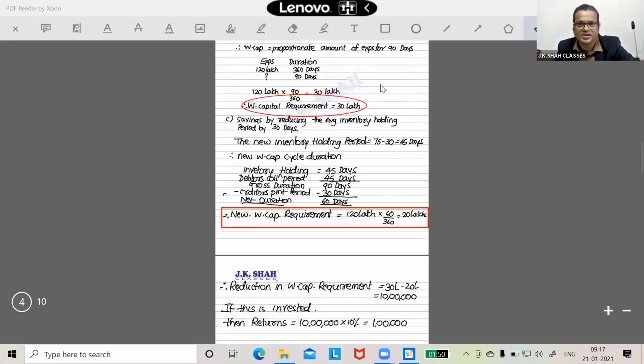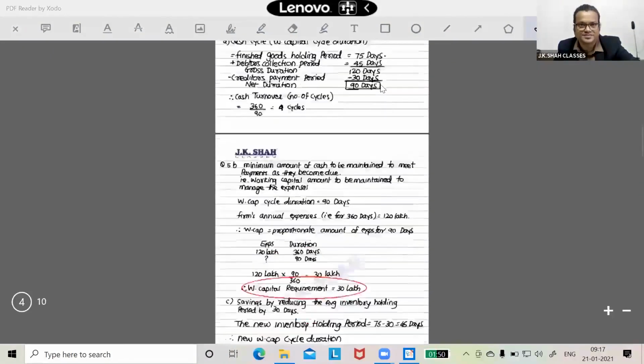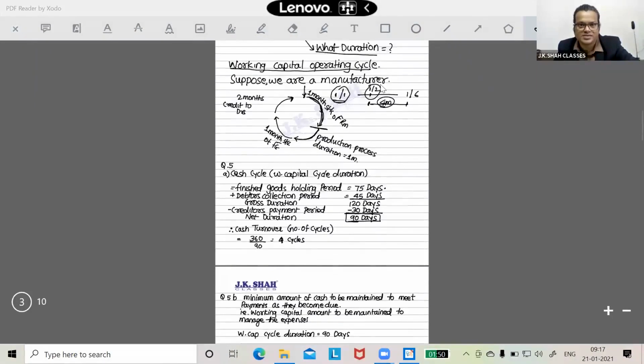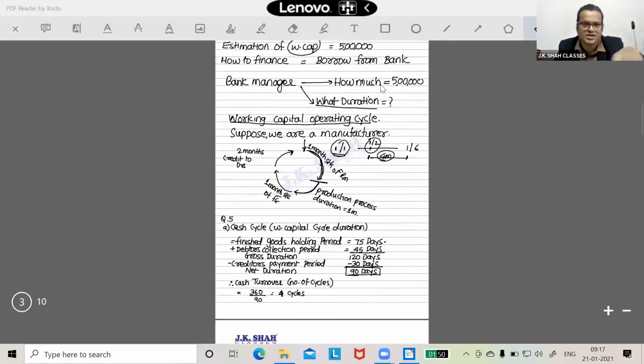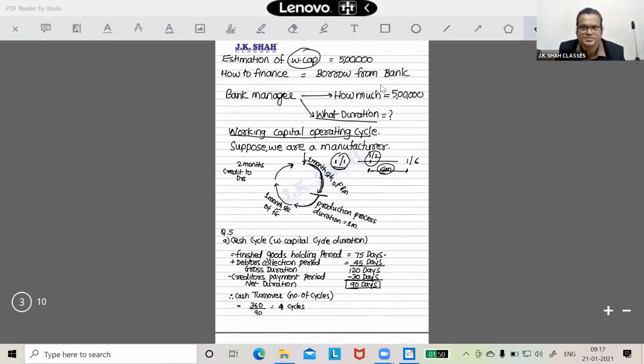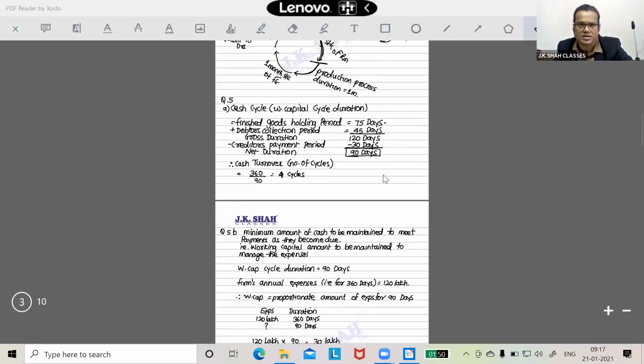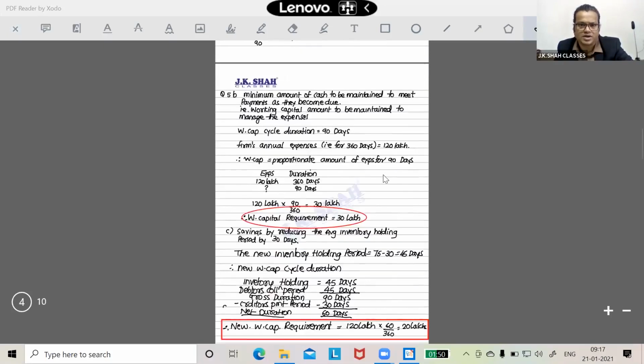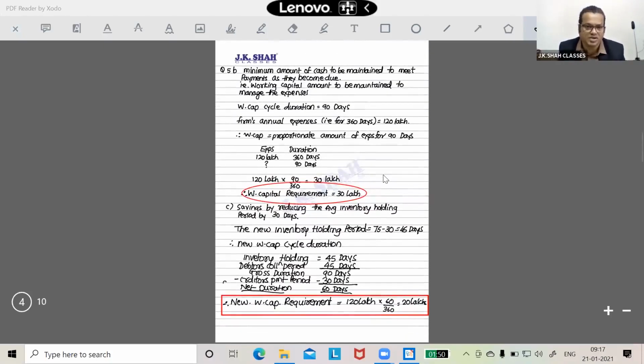I'll do one thing. I'll put it in parts. You go on taking the screenshots. Somebody else has raised their hand. Just a minute. I hope your screenshot taking is done. Then I'll move to the next page. Please take the screenshot over here also.